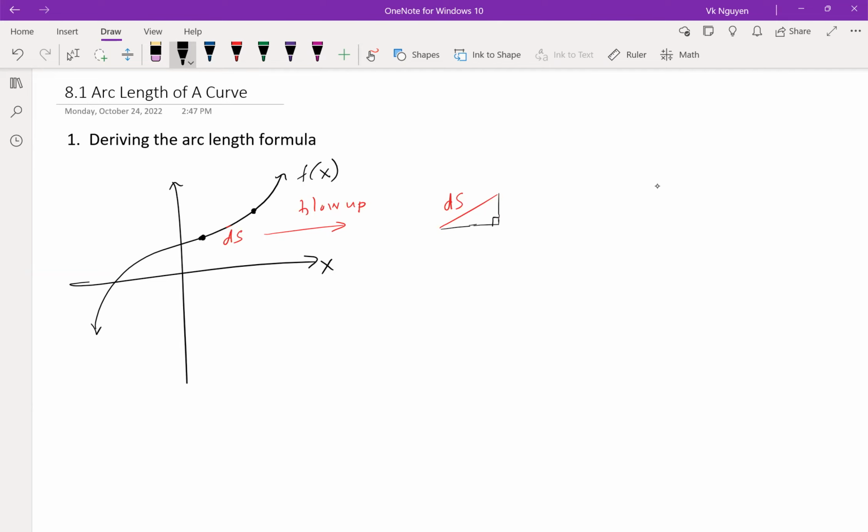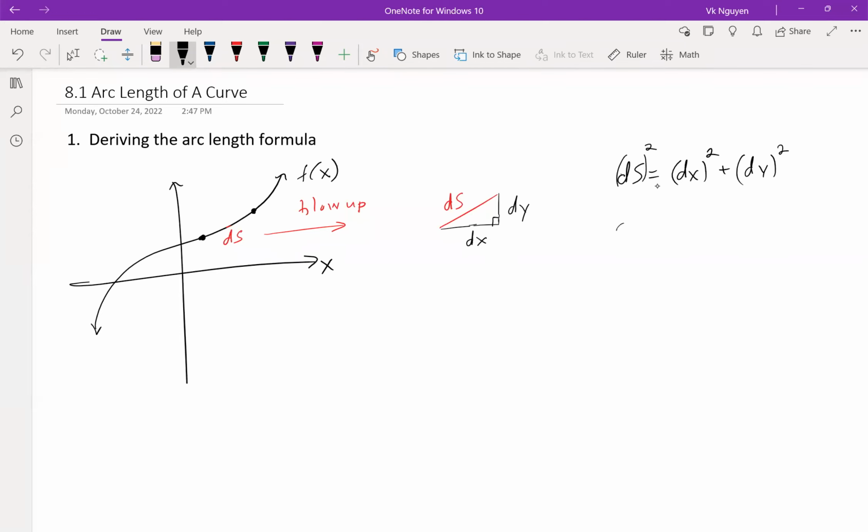The horizontal length is a small change in x, dx. The vertical length is a small change in y, dy. So as you see, we can relate them. Using the Pythagorean theorem, ds squared is dx squared plus dy squared.